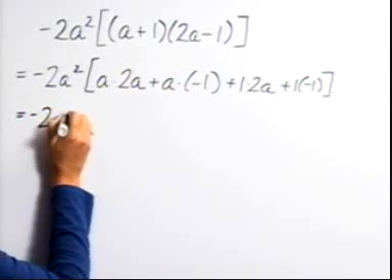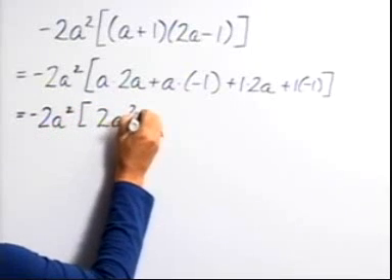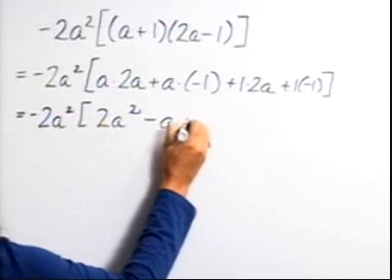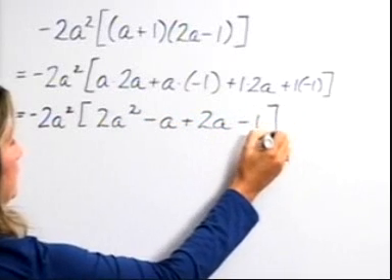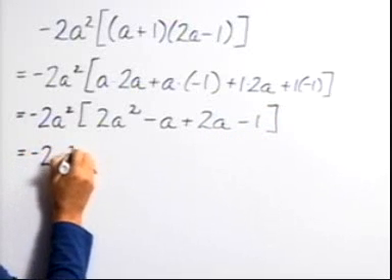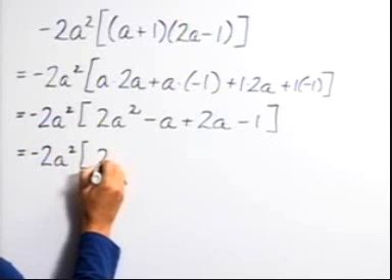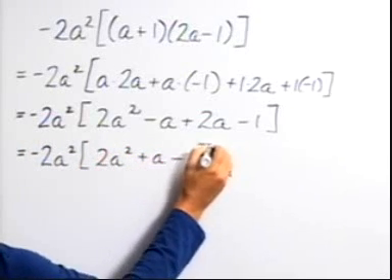Multiplying, we get 2a squared minus a plus 2a minus 1. Combining like terms, we get 2a squared plus a minus 1.